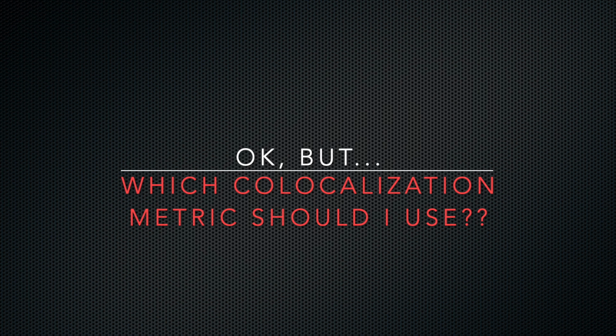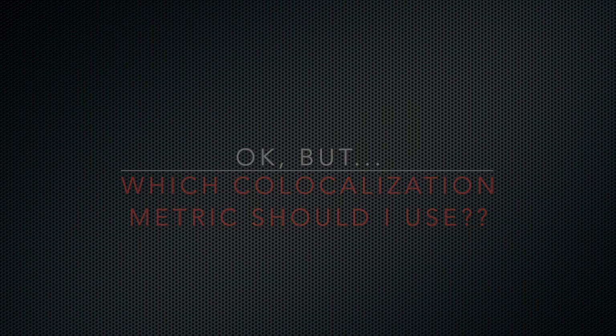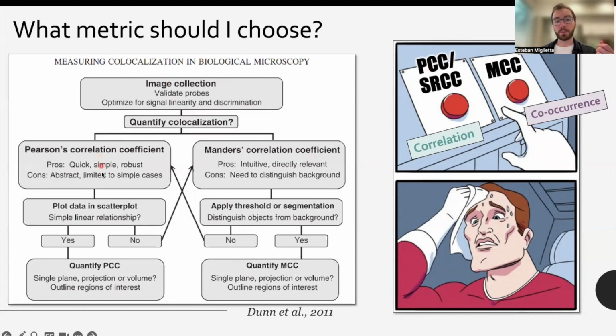Again, the most widely used ones are Pearson's and Manders correlation coefficient. But also we have Spearman's rank correlation coefficient, which is similar and some argue better than Pearson's. So which one to use? Some authors provide some guidelines into which to use depending on different situations and which are the pros and cons of each one.